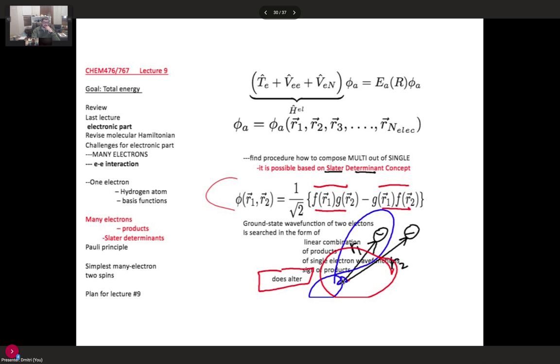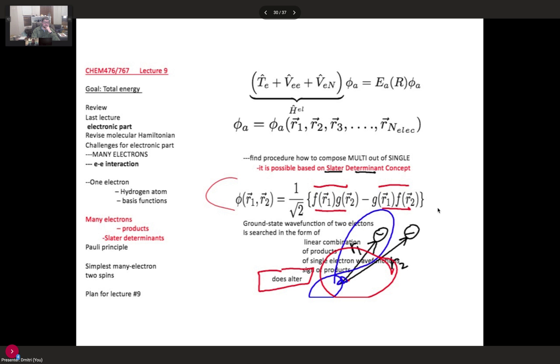So please have a look at this last equation on this line, which is the same as on the previous slide. Phi of R1 R2 equals 1 over square root 2, f of R1 g of R2 minus g of R1 f of R2. We already see in the previous line that it has something to do with a determinant.